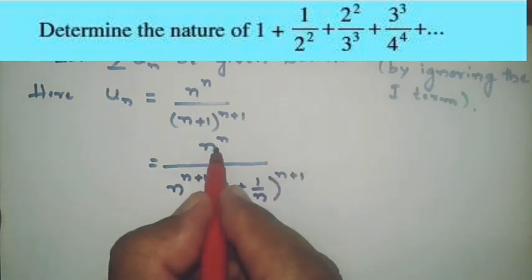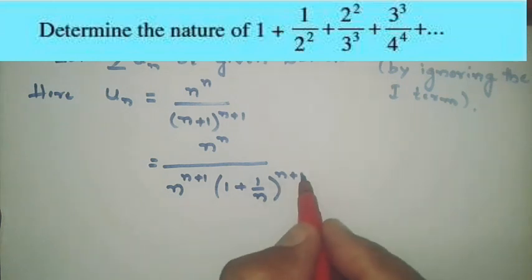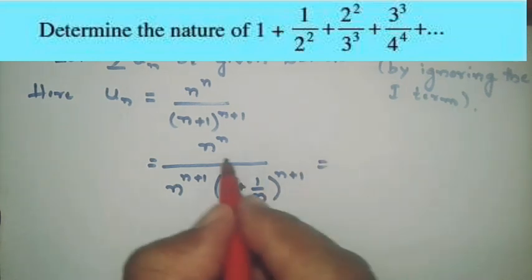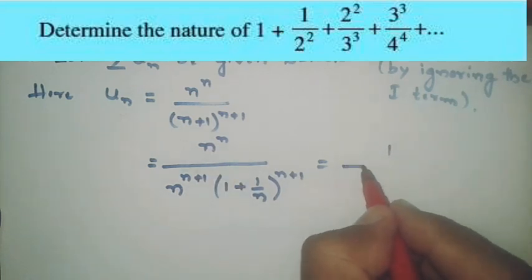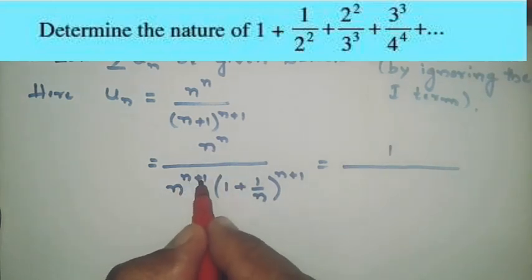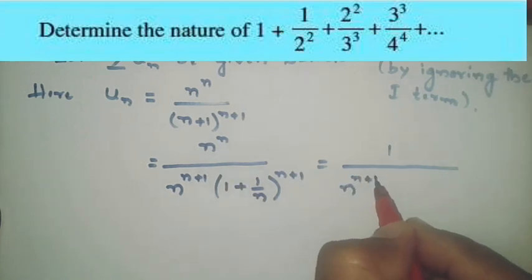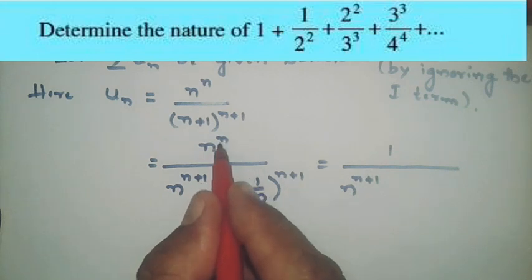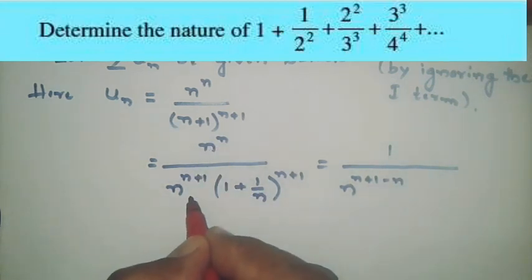Now when we take this n to the power of n to the denominator, after simplification, this is going to be n to the power n plus 1 minus n. N to the power n plus 1 is already there, so it is going to be minus n when it is being taken to the denominator.